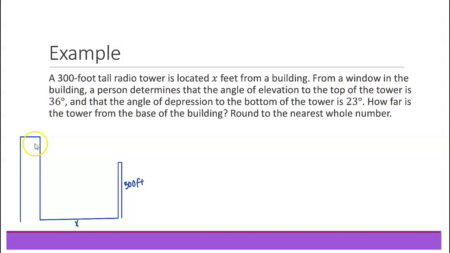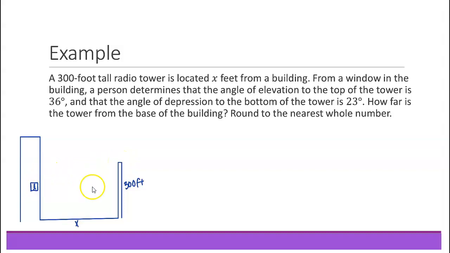So I don't want to put my window up here because I made my tower kind of stop a little bit shorter here. So I'm going to go ahead and plant my window just right here and kind of say, okay, here's the little person that's inside of it. And what they're saying is that from their window in the building, the angle of elevation to the top of the tower is 36 degrees.